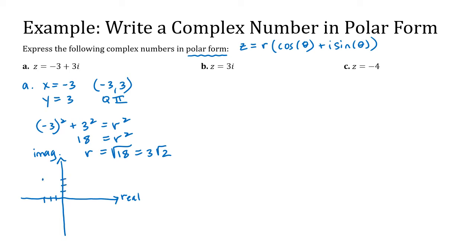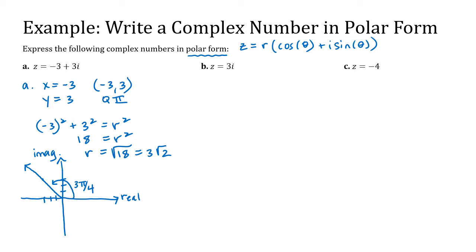Your angle is going to be right in the middle of the second quadrant, isn't it? Now, you might recognize what that angle is without even doing any computations, because we know that in terms of radians, the angle measure halfway in the second quadrant is 3 pi over 4. Okay, so if you see that, then go ahead and just use it.